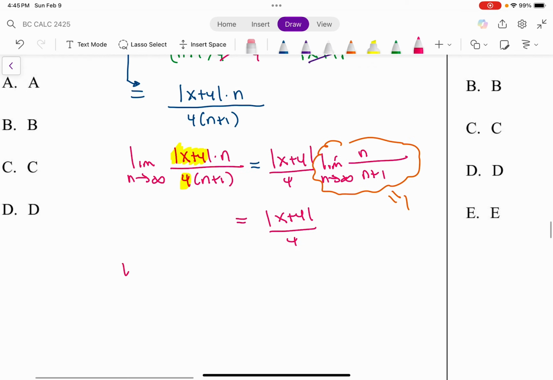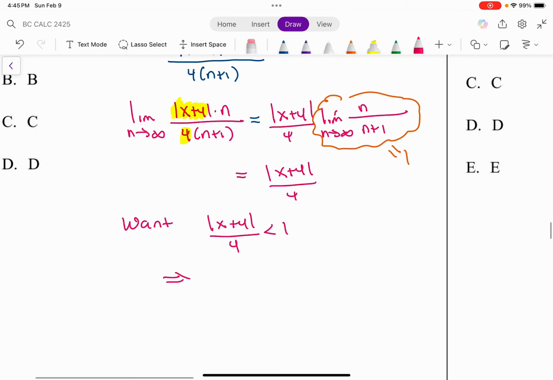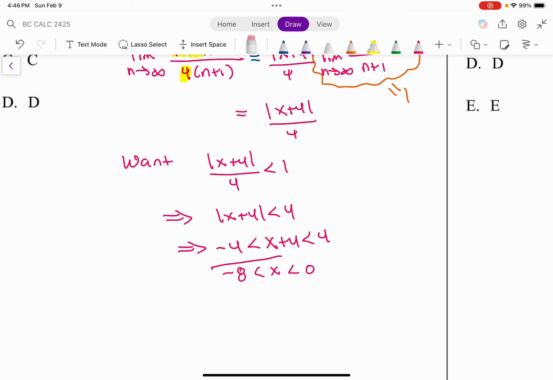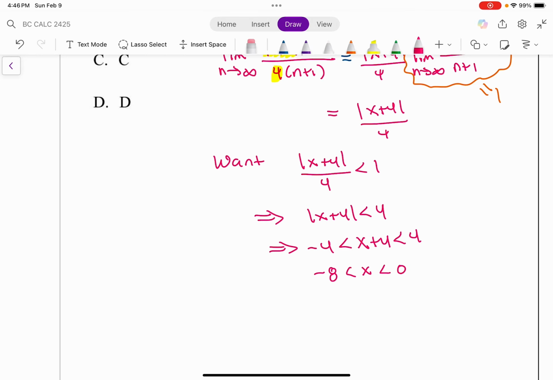And by the ratio test, to converge we want this to be less than 1, which implies this is less than 4, which implies this. Subtracting 4 tells us that this is the beginning of our interval of convergence so far. So we still have to analyze the endpoints.